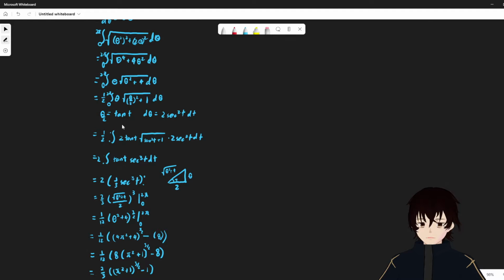Zeta over 2 is equal to tangent t. I see the problem. Instead of a 2, this should have been a 1/2, which means out here we would have had a 1/2.